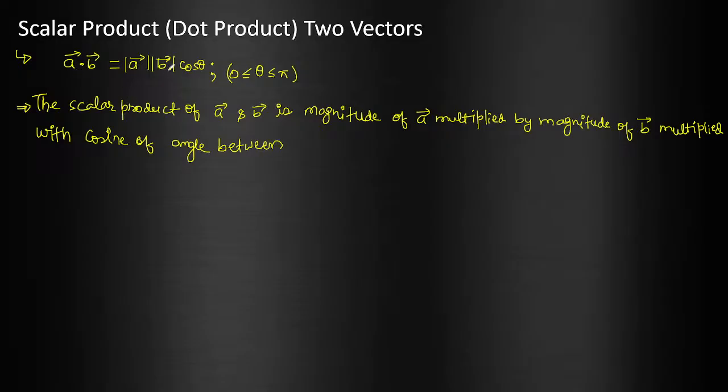So the angle between A and B is theta. So we have magnitude of A into magnitude of B cos theta. Okay.